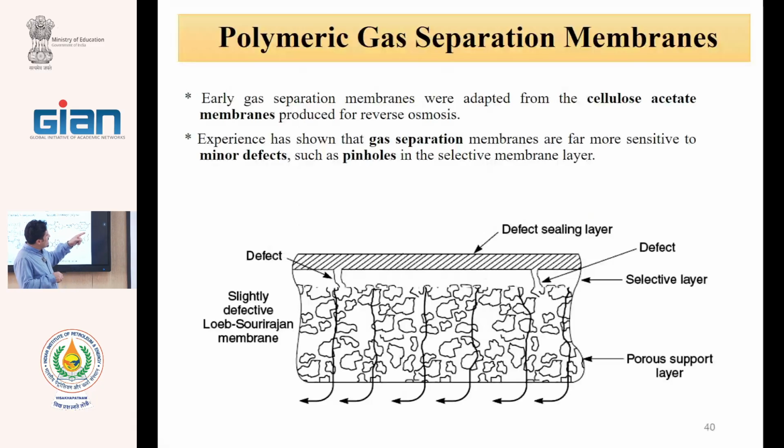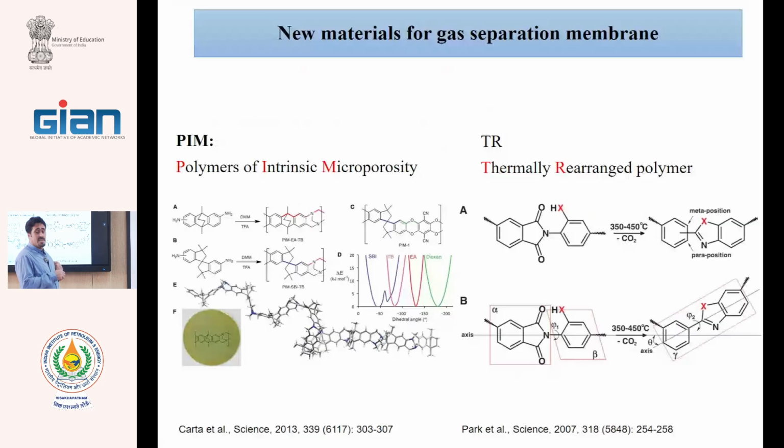That means there is some free porosity, microporosity, in the structure of these polymers. You see, this intrinsic, we have some free volumes in the polymer structure, and these free volumes increase the flux. Okay? And these are very expensive polymers for research.